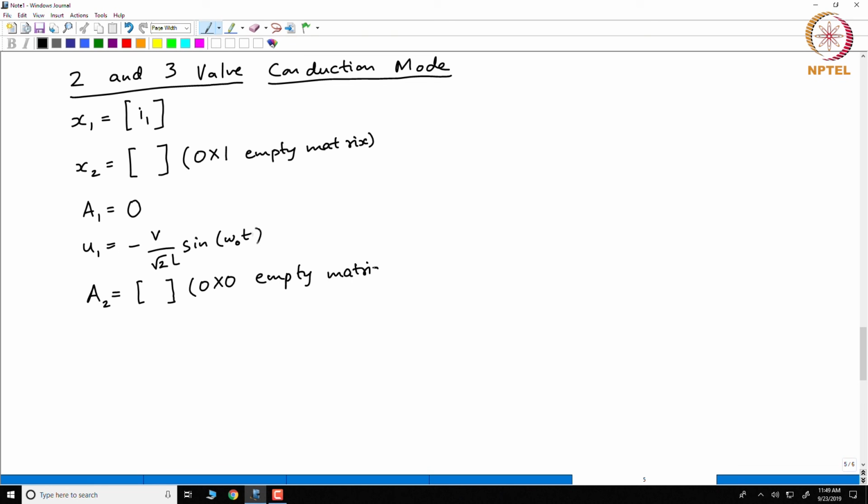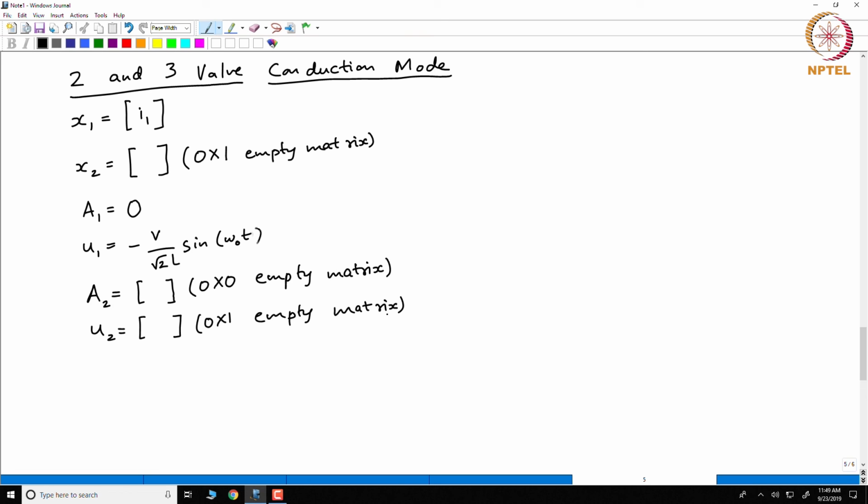What about U2? U2 is also a 0 cross 1 empty matrix. C and D are obvious; once I know the size of x1 and the size of x2, C and D are obvious. But what is not obvious is F and G.